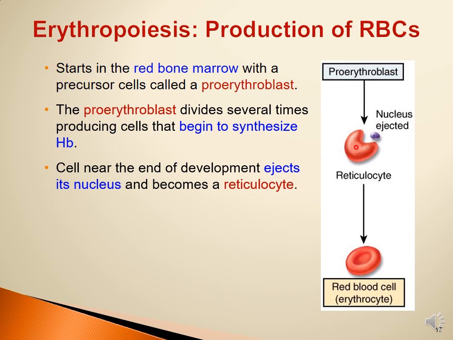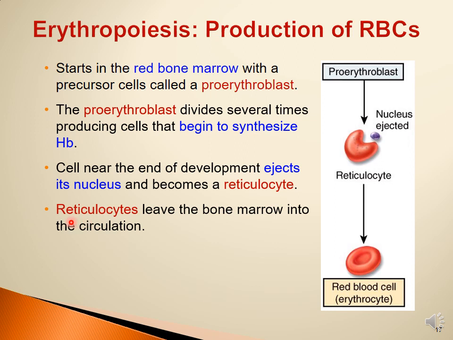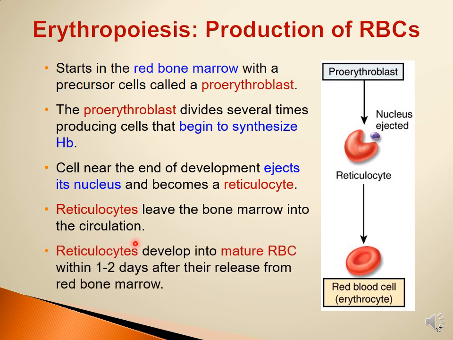These reticulocytes can now be released from the red bone marrow into the circulation, where they circulate for 1 to 2 days until they reach full maturity and become mature red blood cells.